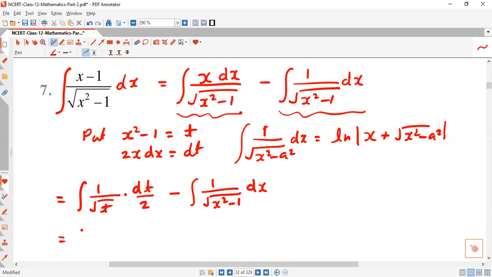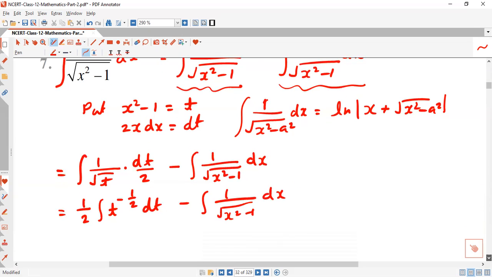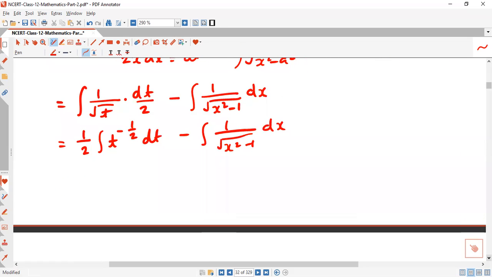So simplify this one, first part 1 by 2 integration. Now you have learned this one: t raised to minus half dt, minus 1 upon under root x square minus 1 dx. Now we take the integrations. Now easily we apply the formulas to get the integration. You know the formula.